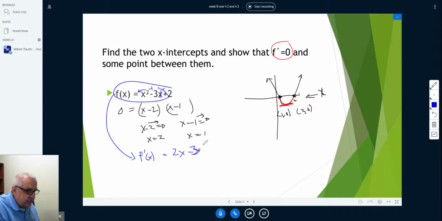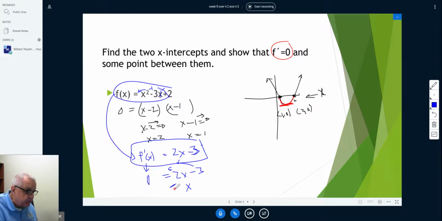This is the derivative. If I set this derivative equal to 0, right? Derivative is the same thing as saying the slope. If I set this slope equal to 0 and I solve for x, I take the 3 over, and then divide by 2. I get a positive 3 over 2.